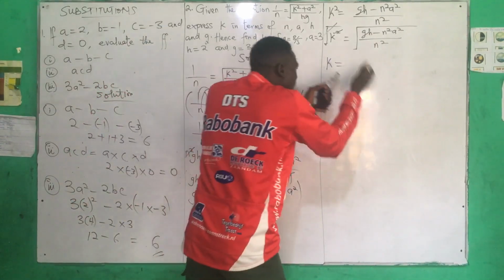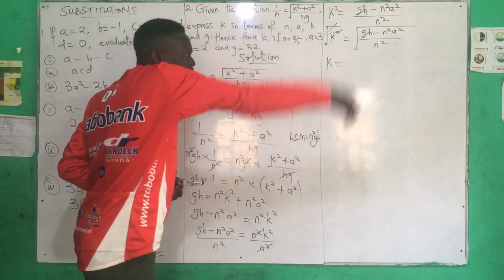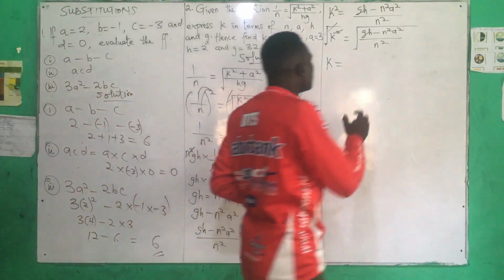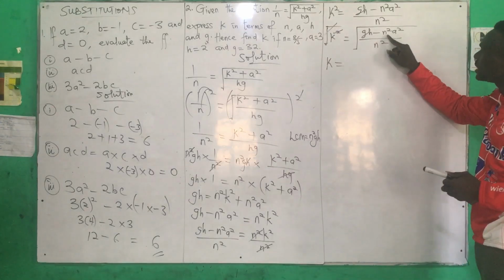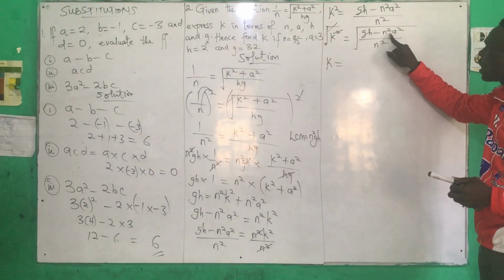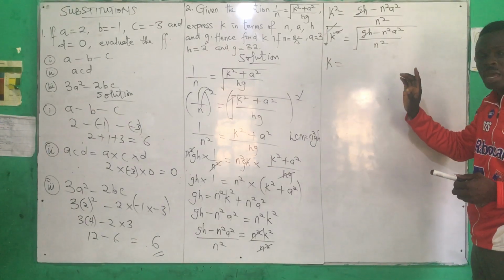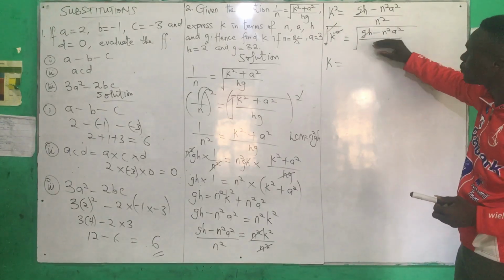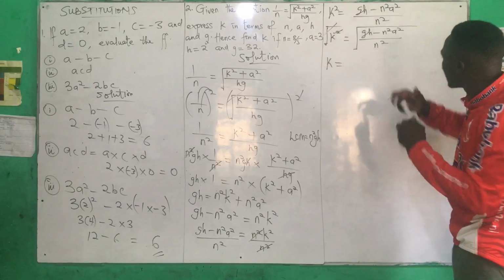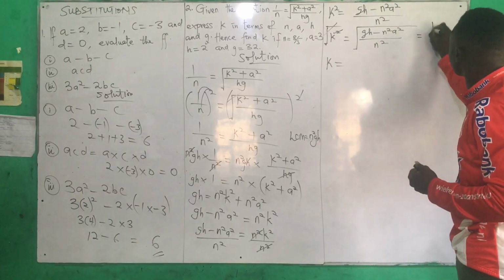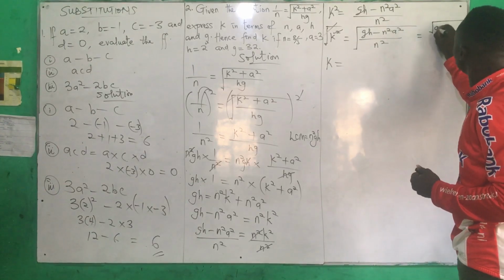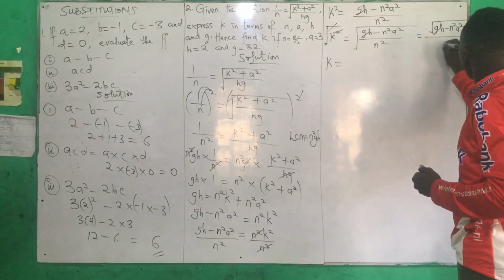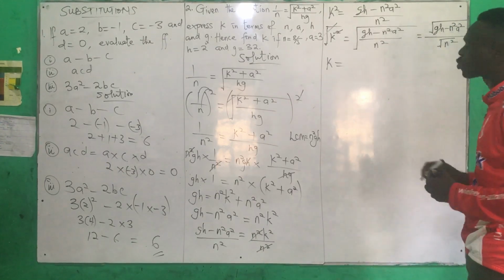So now that you have k is equal to, you have been able to express k in terms of the other variables. Now remember that since there is a square here, don't say the square will cancel out. No. The square root is for the numerator. It is also for the denominator. So this expression can also be written as the square root of gh minus n squared a squared all over the square root of n squared.